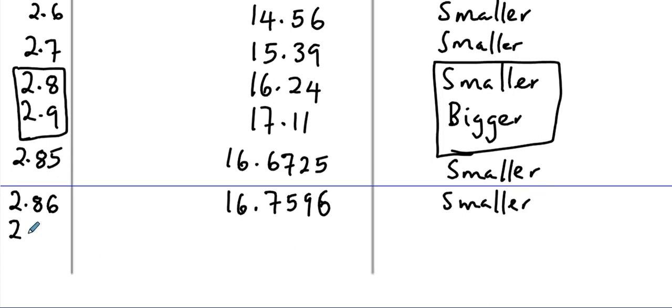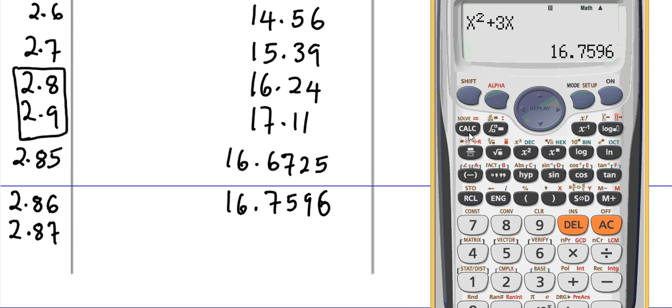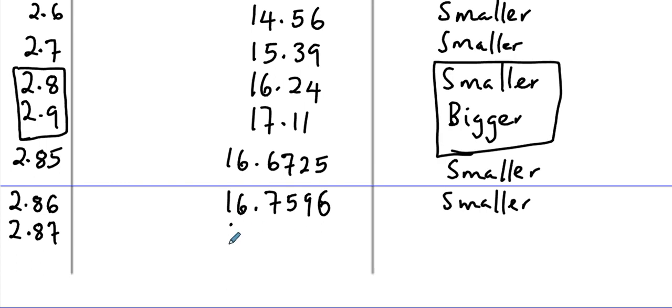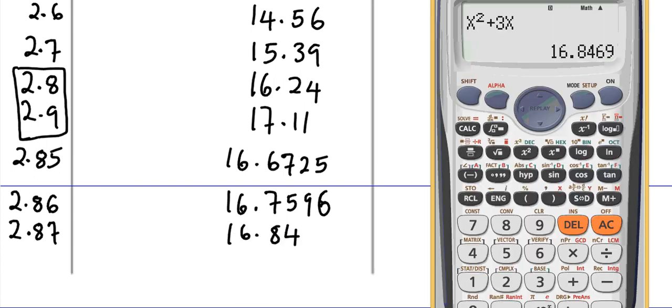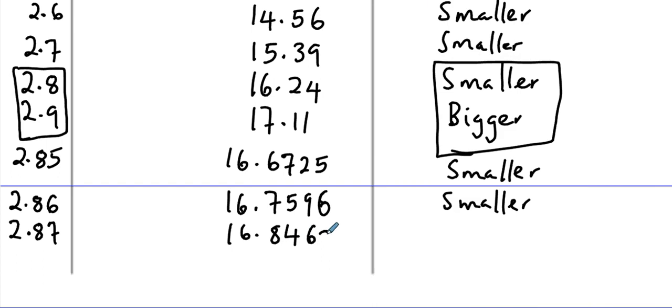Then try 2.87. We are getting 16.8469, which is still smaller than the expected, smaller than 17.